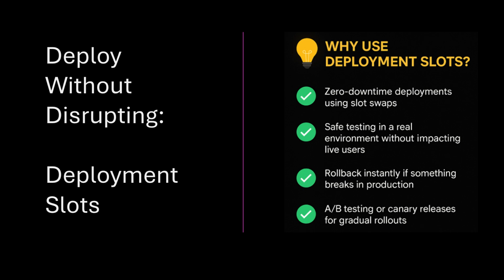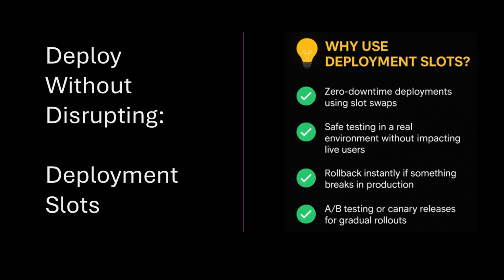Each of these slots has its own configuration, complete with separate app settings, environment variables, and connection strings. So you can safely deploy your code to a staging slot, verify everything works as expected, and then move it to production without any downtime.